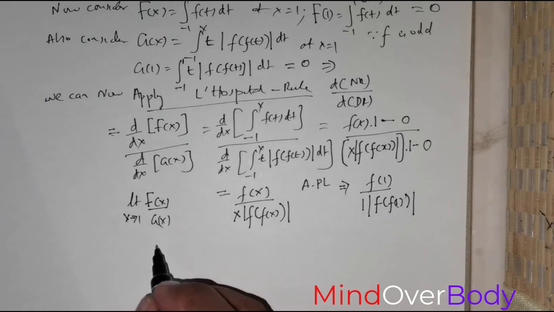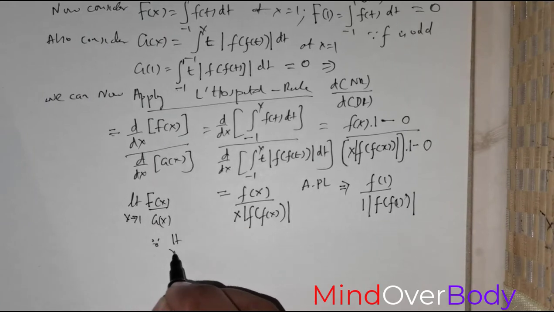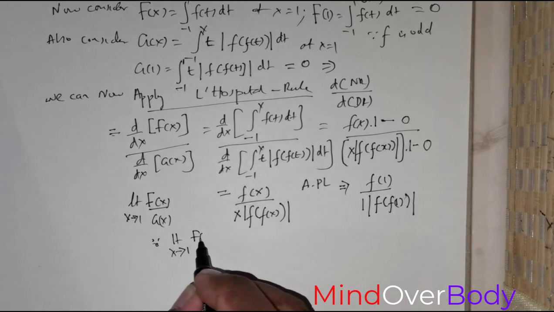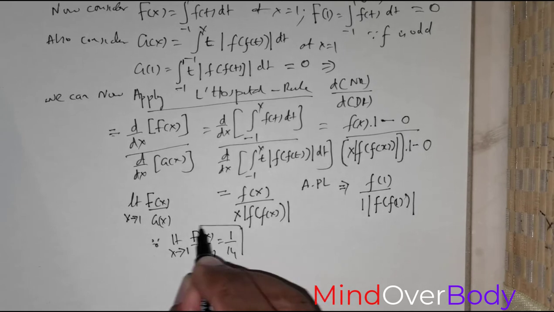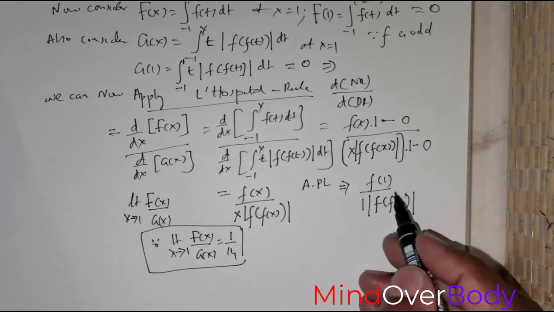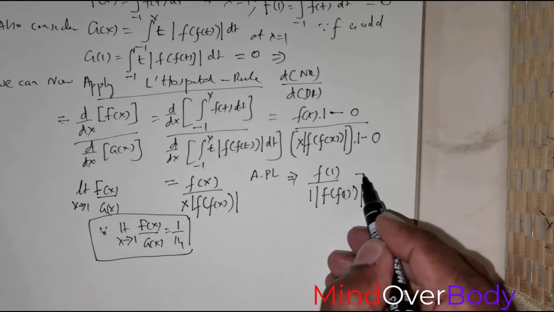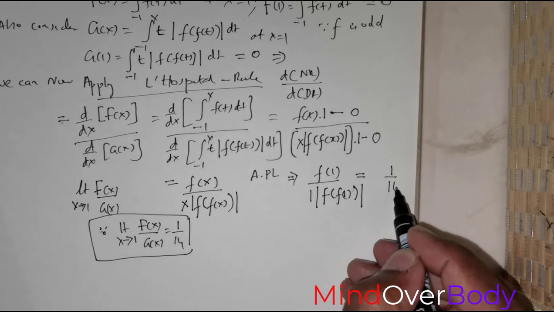But this is given. Since limit x tending to 1 f of x divided by g of x is equal to 1 over 14, this is given. Hence we can equate this to be equal to 1 over 14.